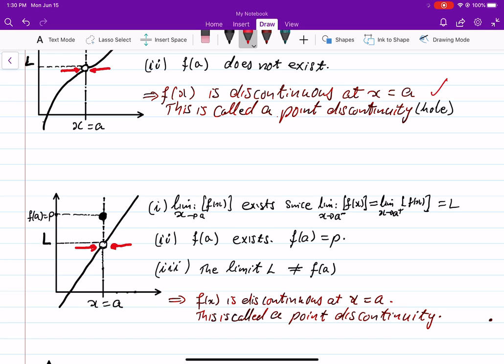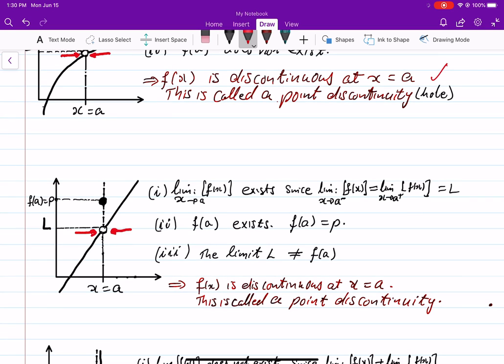So that's the first part. F of a also exists. As you will notice, f of a, you see this big black dot up here? That's the value of the function. And f of a happens to be different from the limit. F of a is actually, as I showed there on the graph, some value that I refer to as p. So the limit exists because the function is approaching the same value from both sides as x is approaching a.